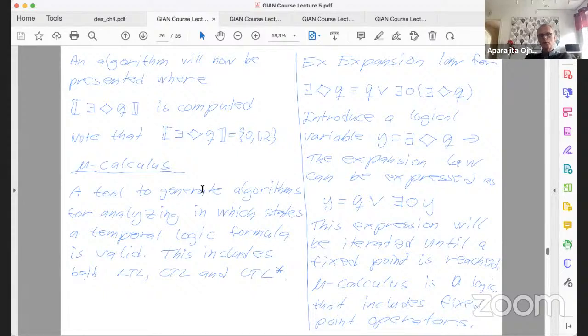So for myself, I want to give my students in the master course on discrete time systems a tool from which they can compute and analyze computationally if temporal logic expressions are satisfied. And then Mu calculus is very easy to apply for CTL expressions.